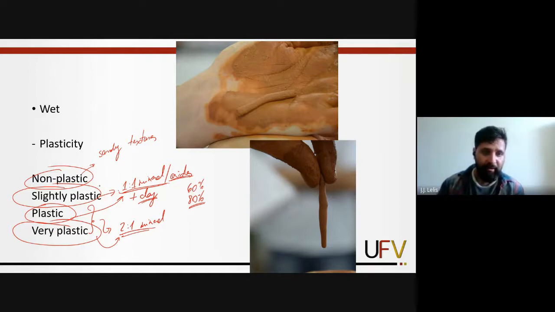So I can understand that the plasticity expresses the texture again, and which kind of minerals I have in the clay fraction. How is the clay fraction?